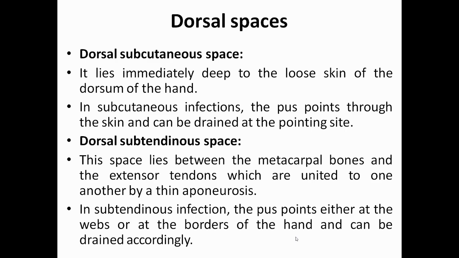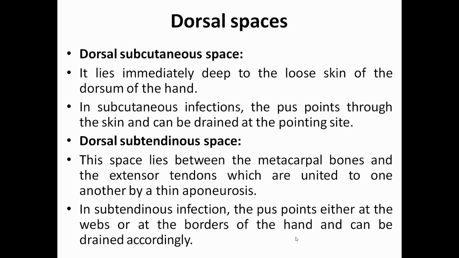Dorsal spaces. Dorsal subcutaneous space. It lies immediately deep to the loose skin of the dorsum of the hand. In subcutaneous infection, the pus points through the skin and can be drained at the pointed site. Dorsal subtendinous space. This space lies between the metacarpal bones and the extensor tendons, which are united to one another by a thin aponeurosis.